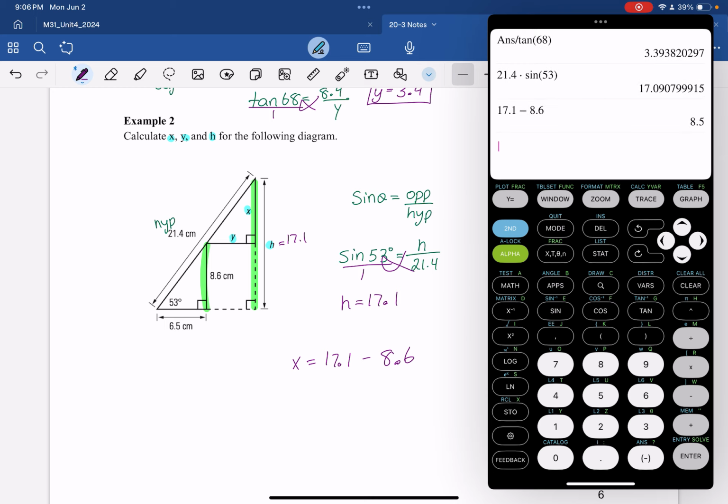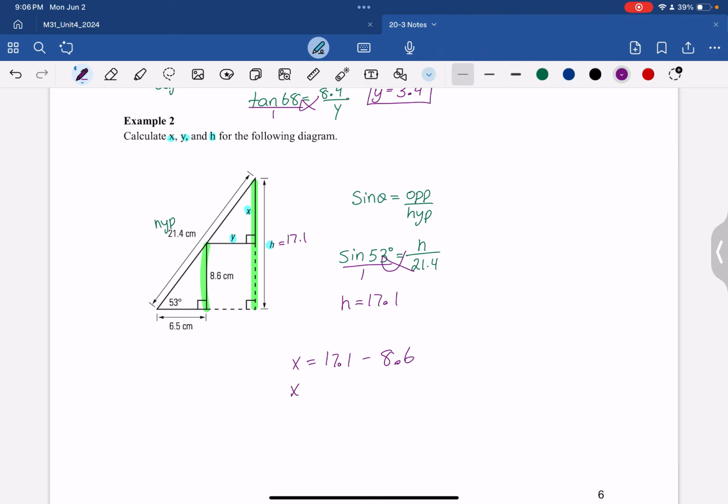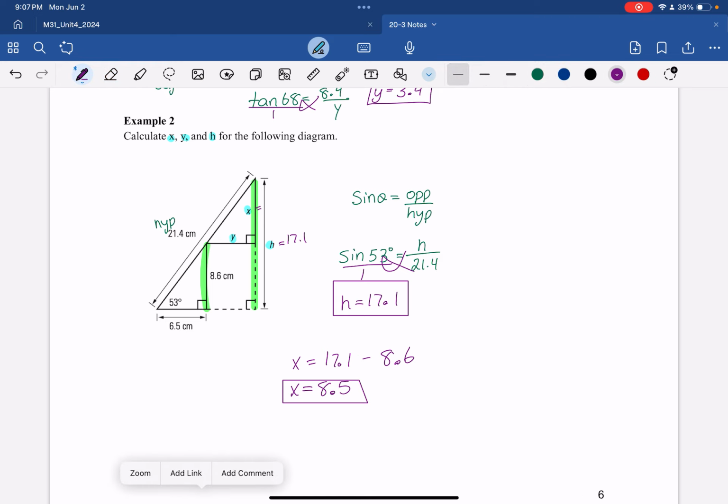Which will give me 8.5. Okay, so I have two pieces of information here. So now I know that this piece here is 8.5, and I'm just gonna erase some of the highlighting here. So now all I need to find left is y.